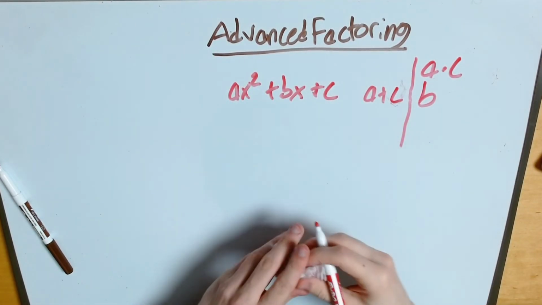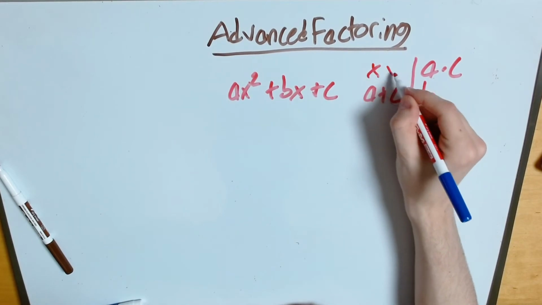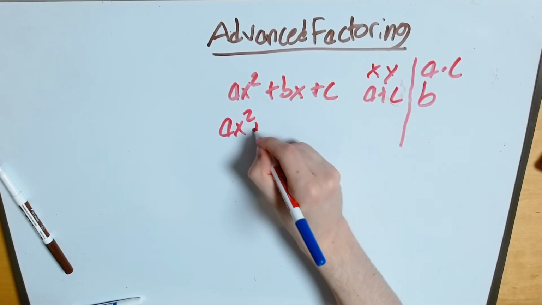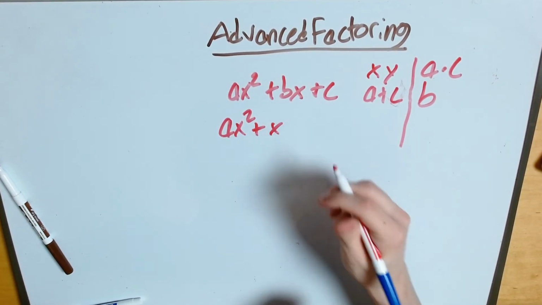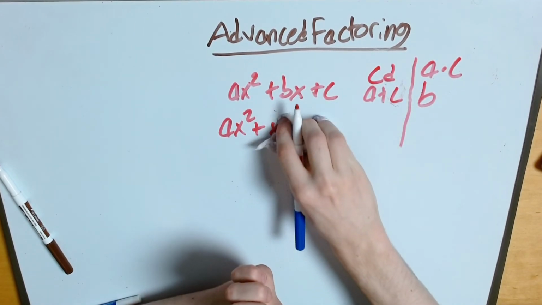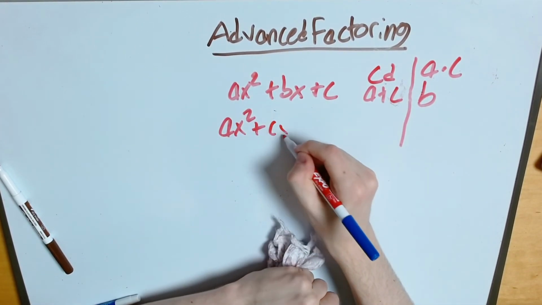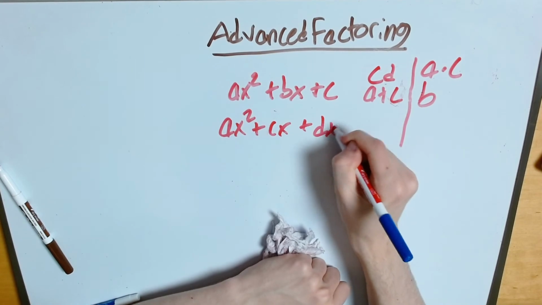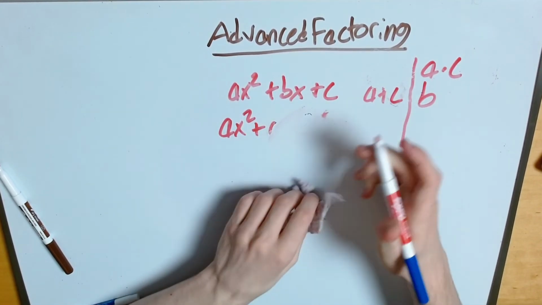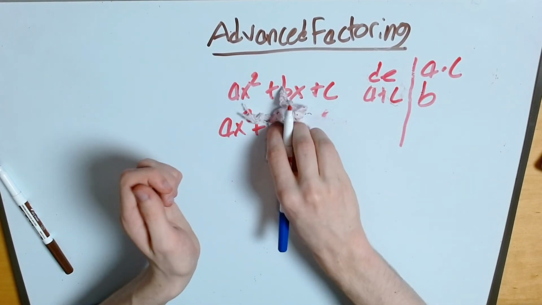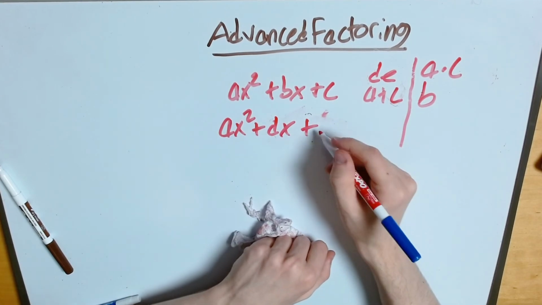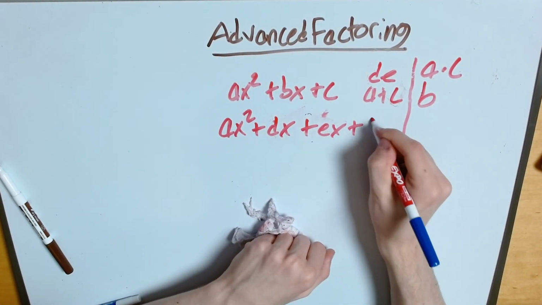I'm going to call these factors d and e, and then you're going to write ax squared plus dx plus ex plus c.